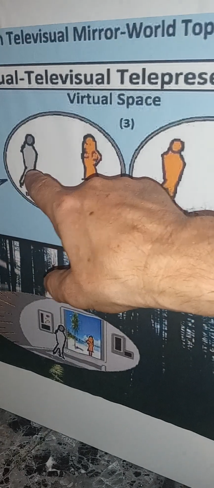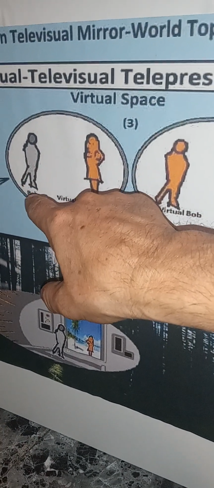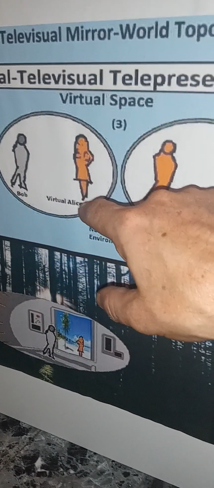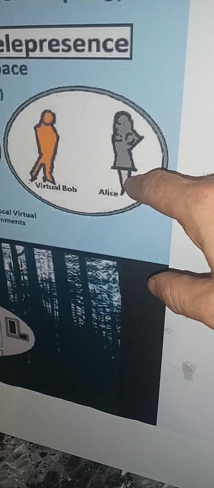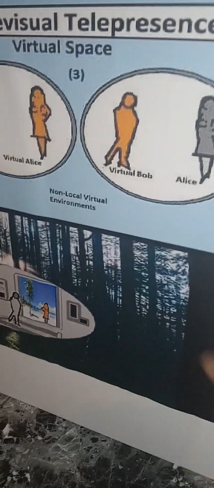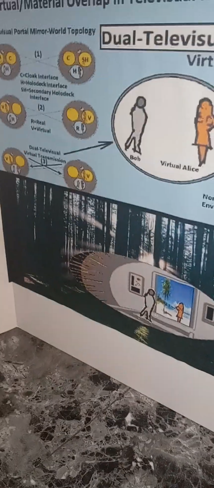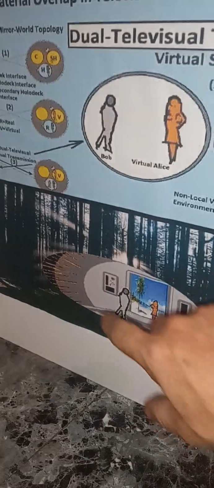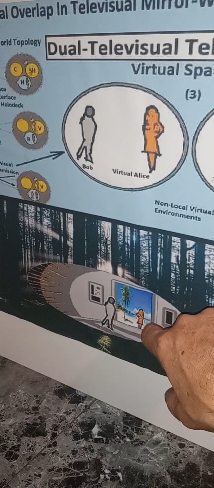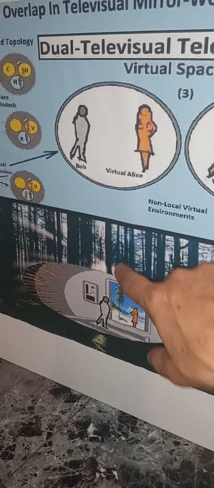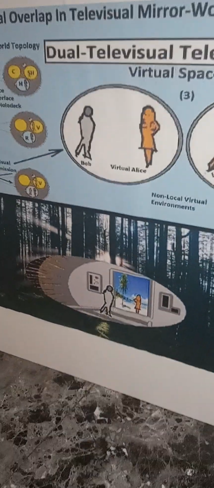And this would be the real John and the virtual Alice, or the virtual Jane. And this would be the virtual John and the real Jane. This shows a depiction of John going into Jane's holodeck inside her televisual portal.